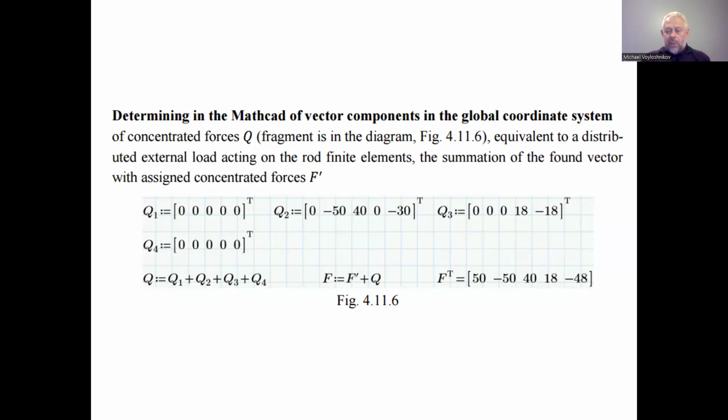And this is the vertical force component, the last one, acting in the node number 3 with a minus sign, relative to the assumed direction of the displacement upward of the node number 3. This minus sign means that the force acts downward.